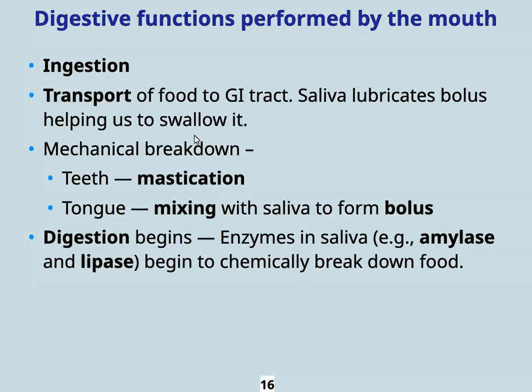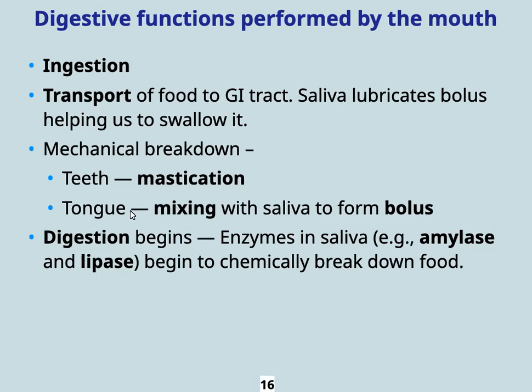So the digestive functions performed by our mouth are multifold. There's ingestion, which is eating. There's also mastication, which is carried out by our teeth, as well as a set of muscles of mastication, including the temporalis muscle and masseter muscle, which you may have studied during anatomy.